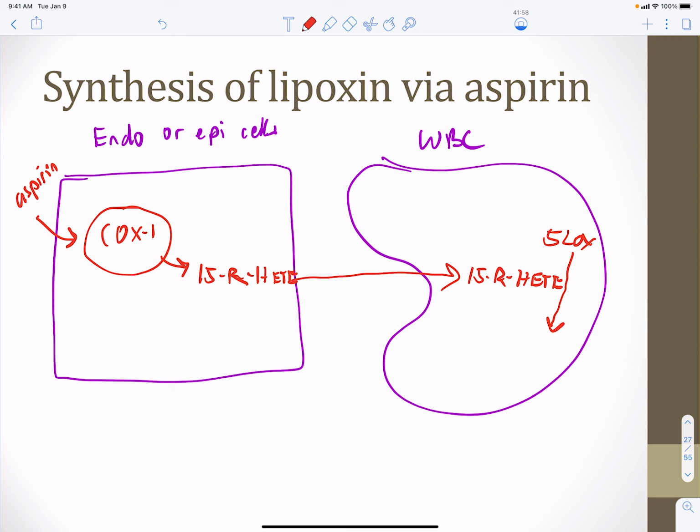And it's going to generate our A4 and our B4, which is going to be anti-inflammatory.